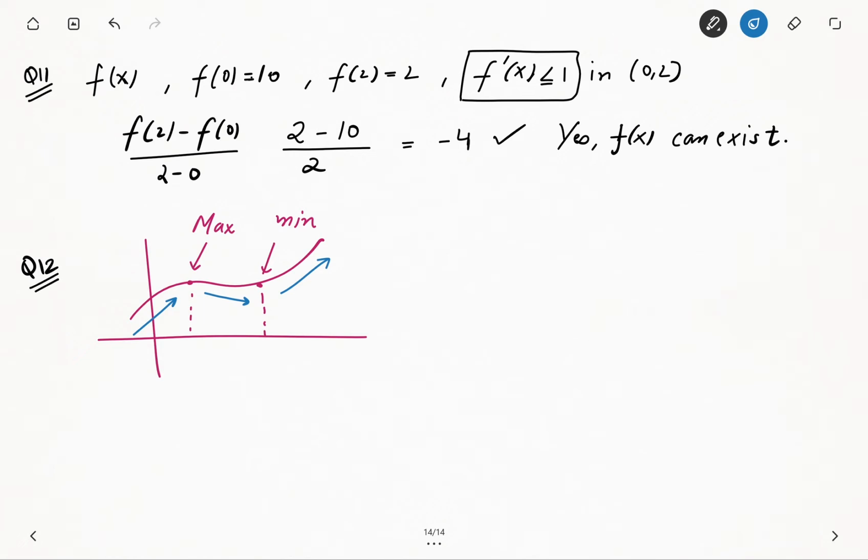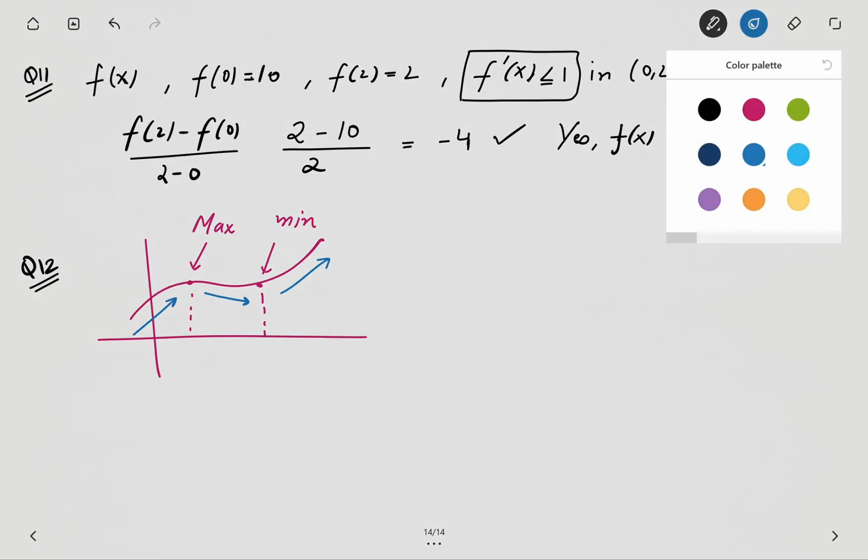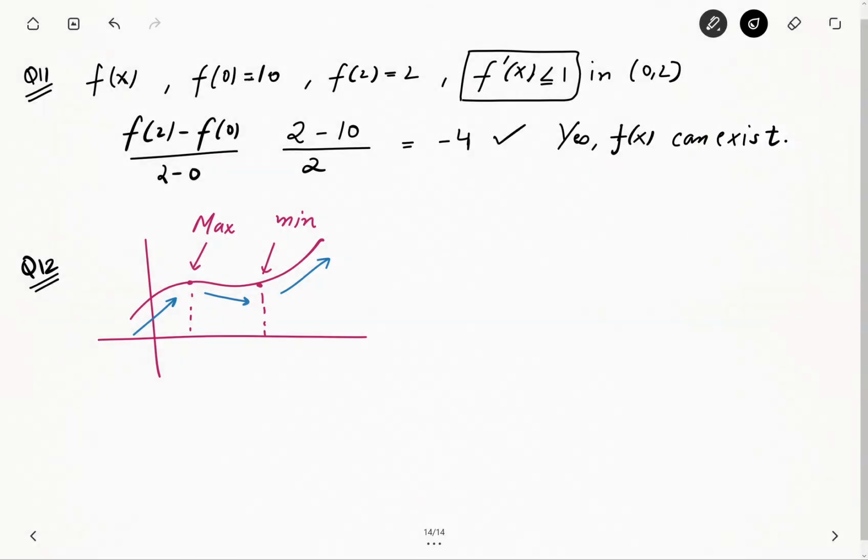In this case, we're going to analyze a bunch of functions and conclude the intervals from what's given to us. In this problem, the function f of x is negative 4x cubed plus 18x squared plus 120x plus 4.